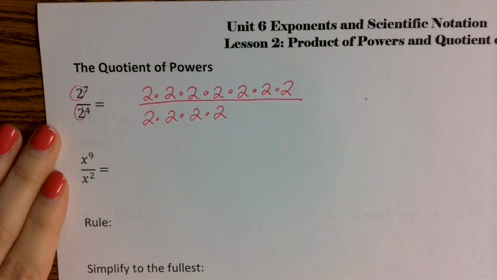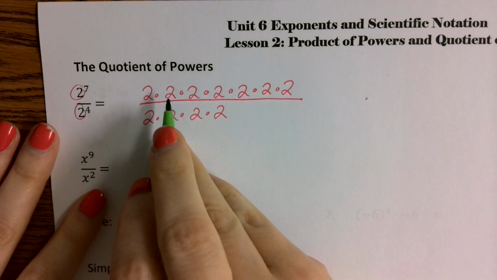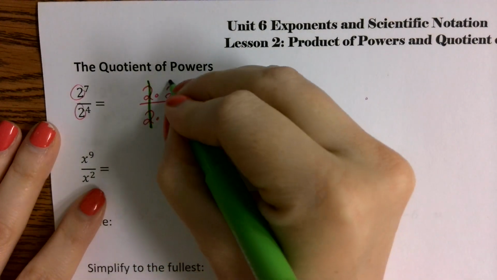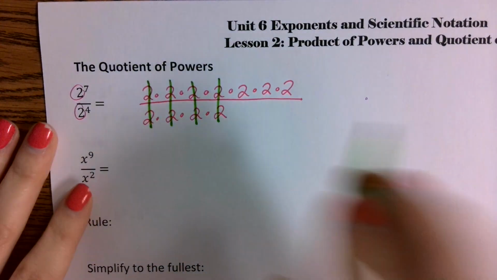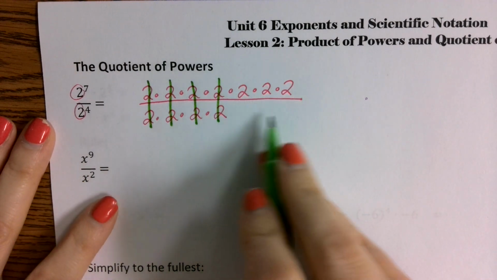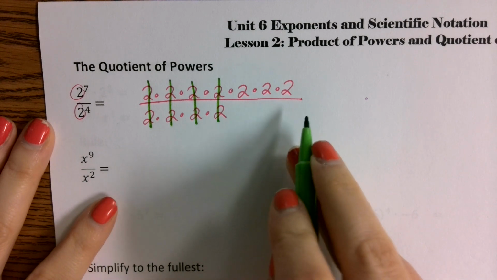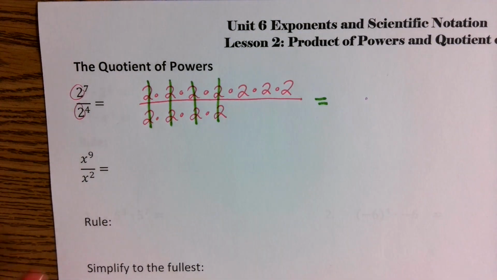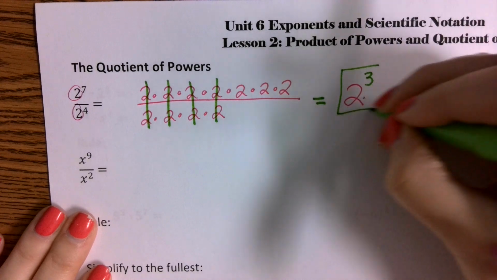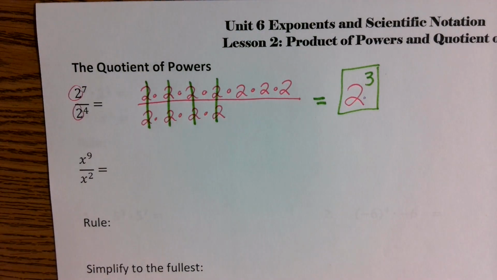And we know that with a problem like this, for every value we have on top, if we've got an identical one on the bottom and it's all multiplication, you can just cross them off. And so what we're left with is 2 to the 3rd power over a 1. If there's nothing remaining on the bottom, we know there's always an invisible 1. So you can just write this as 2 to the 3rd power. So notice again, we take 7 minus 4 and it gives us our exponent of 3.